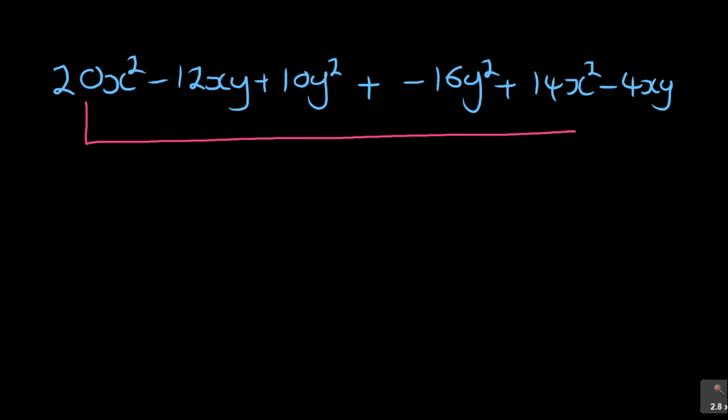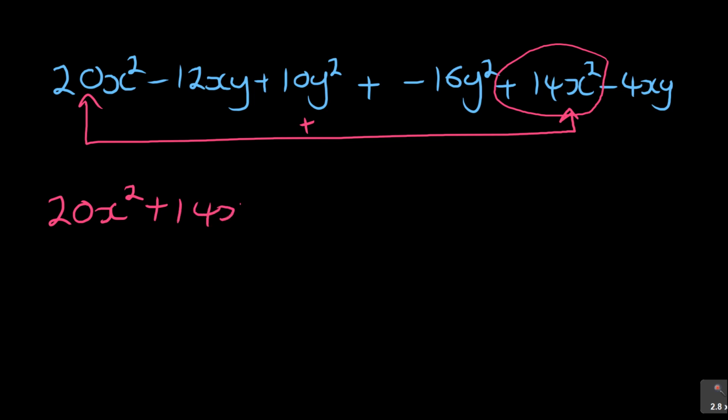Follow the variables. X squared is to x squared. Bring it together and add it. So what do we have? I've got 20x squared. Move it with the sign. When you are moving it, it moves with the sign. Plus 14x squared. It's collecting like terms again.